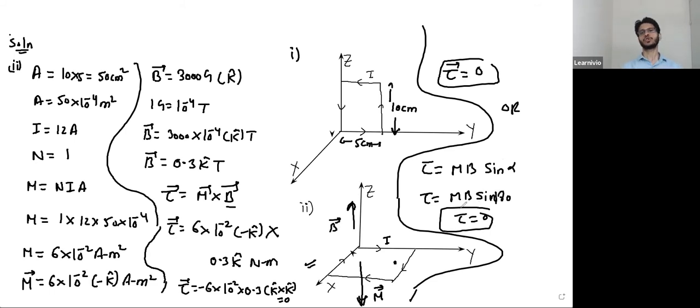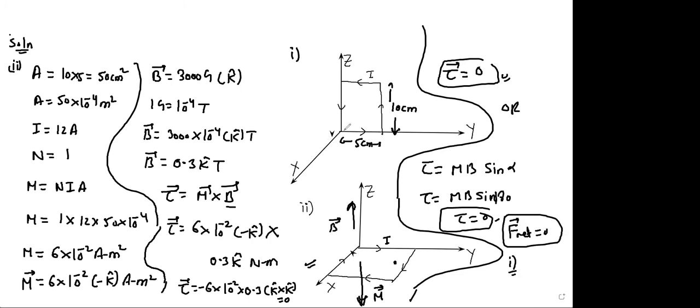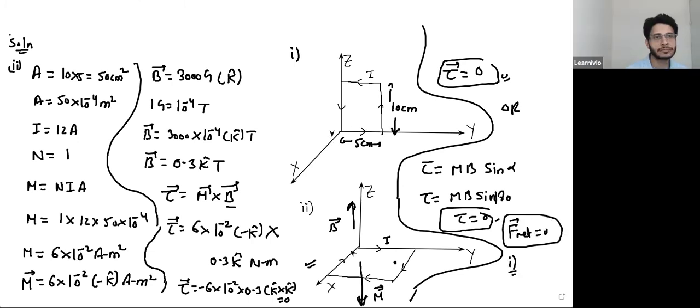Sine 180 is 0, so torque is 0. So you can either calculate your torque by the expression MB sine alpha, or you can directly take the cross product and then calculate your torque tau equal to 0. So that's part 2, which I solved. Okay, look, now I'm solving part 1.